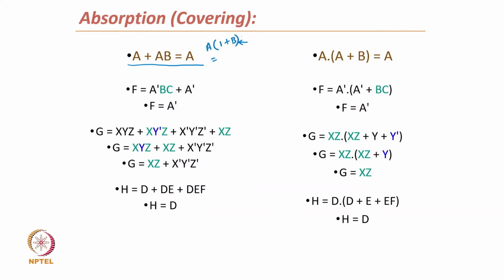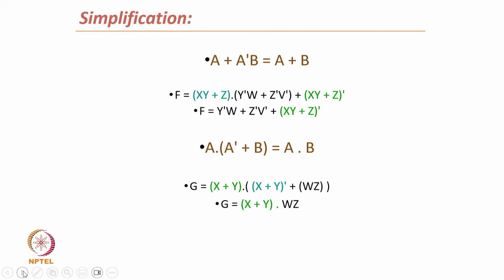If B is 1, then 1 plus 1 is also 1. So this term is always 1, and we end up with A only, A dot 1 or A. Similarly, we have A dot (A plus B), which is equal to A, and we can apply this rule to the logical expressions.